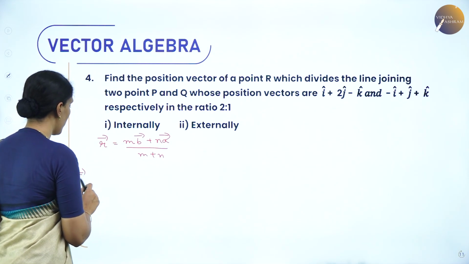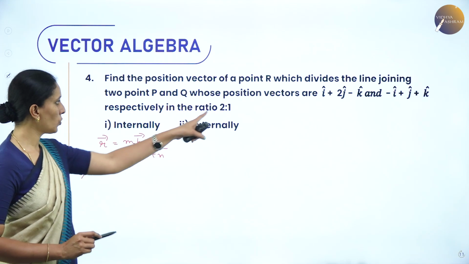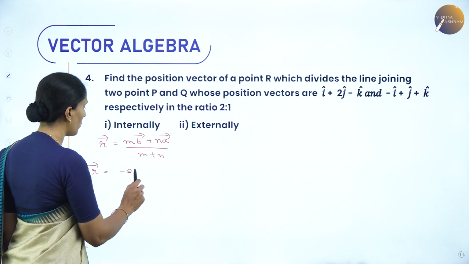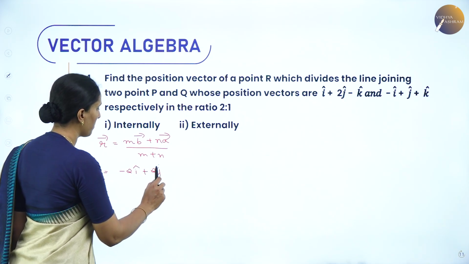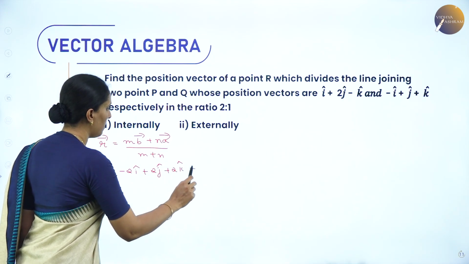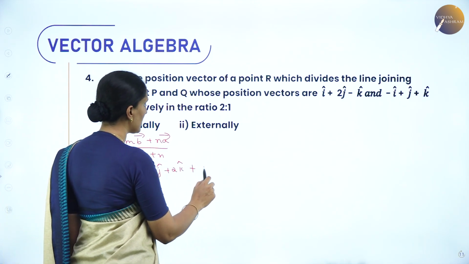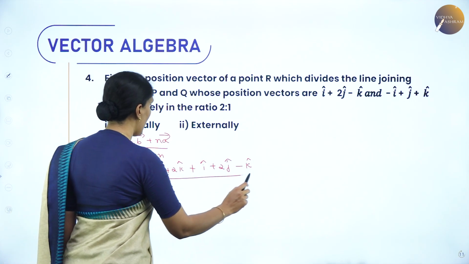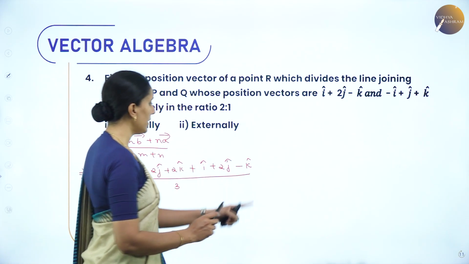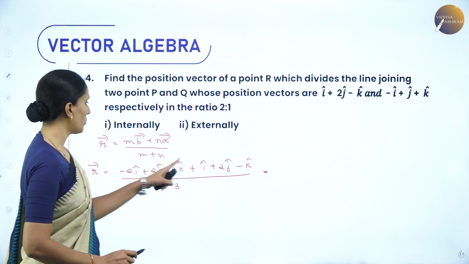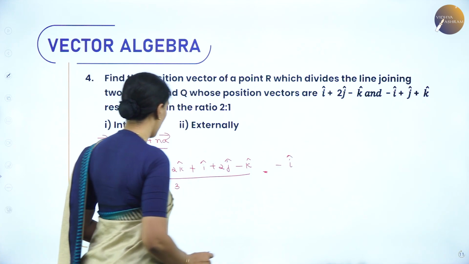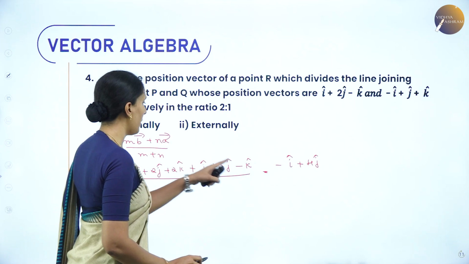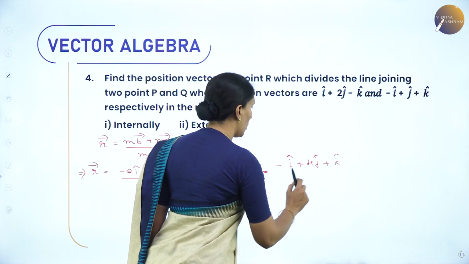So vector R is equal to, the ratio is given as 2:1, so 2 into vector B. When I multiply 2 into vector B, it is minus 2i plus 2j plus 2k, plus n into vector A, n is 1, so this is i plus 2j minus k, whole divided by m plus n, which is 3. Now after adding the components, minus 2i plus i is minus i, 2j plus 2j is 4j, 2k minus k is k, whole divided by 3.